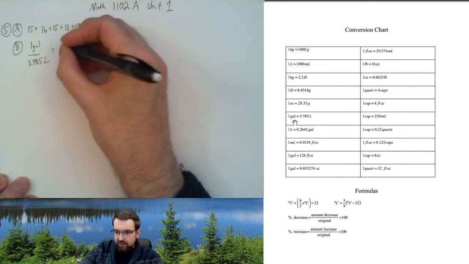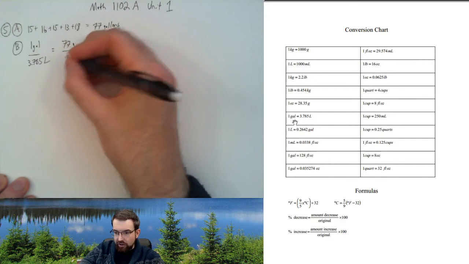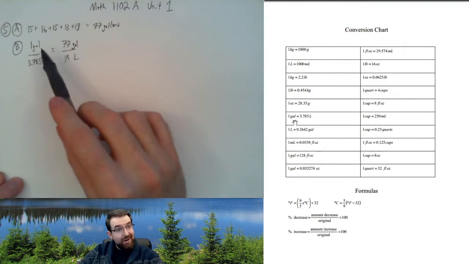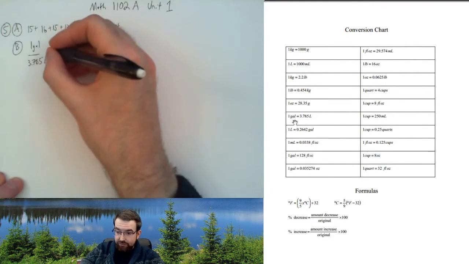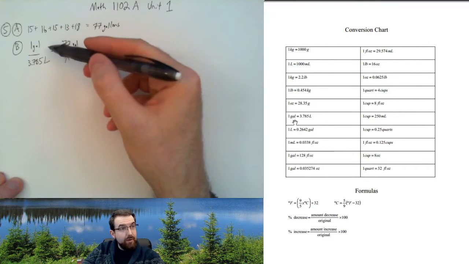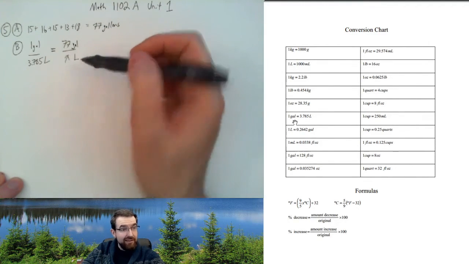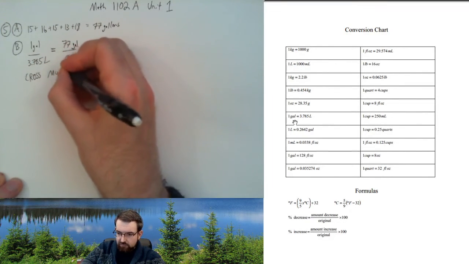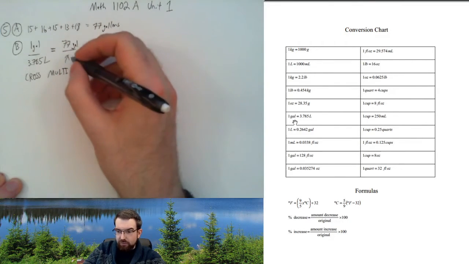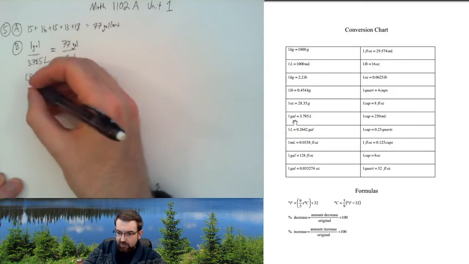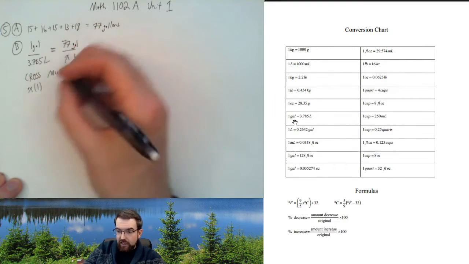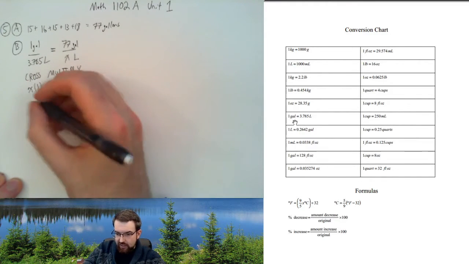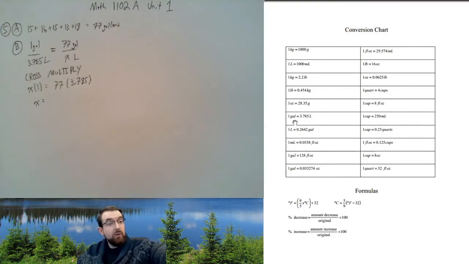And that equals 77 gallons per some unknown number of liters. The important part here is that on either side of the equal sign, we have the same unit on top, gallon, gallon, and the same unit on bottom, liters, liters. Now we can cross multiply. If we cross multiply, we get x times 1 on the left, and on the right we get 77 times 3.785. And once we multiply it together, we'll have the answer that we're looking for.